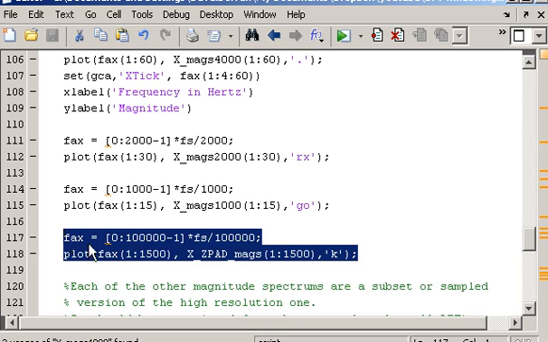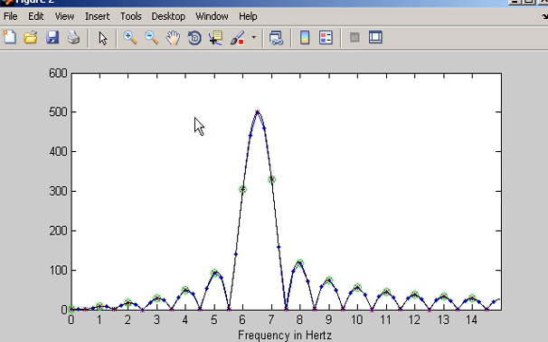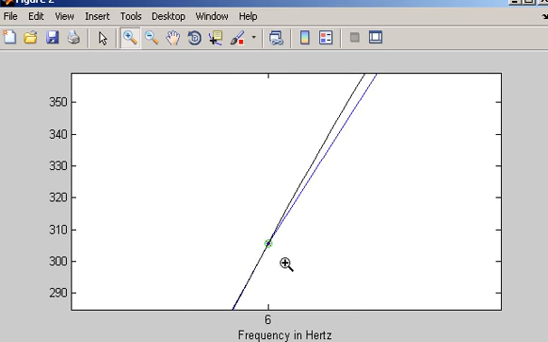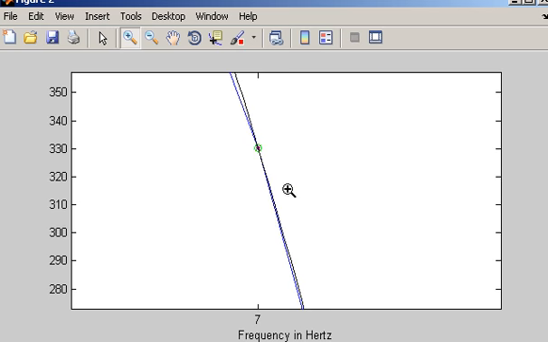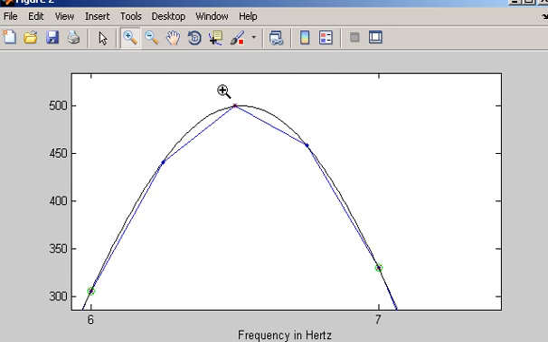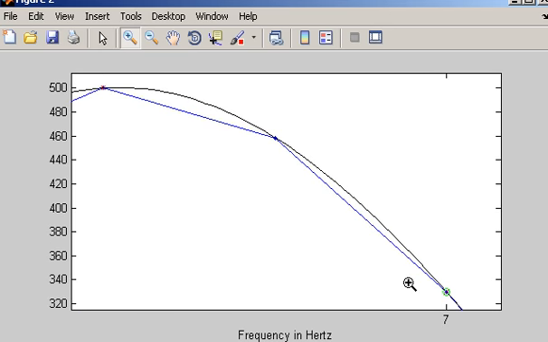There's the higher resolution DFT shown in black, and we can see that each of the lower frequency resolution DFTs lies exactly on the black line. That emphasizes the point that all lower frequency DFTs can be thought of as a subset or a sampled version of the higher frequency resolution DFT.